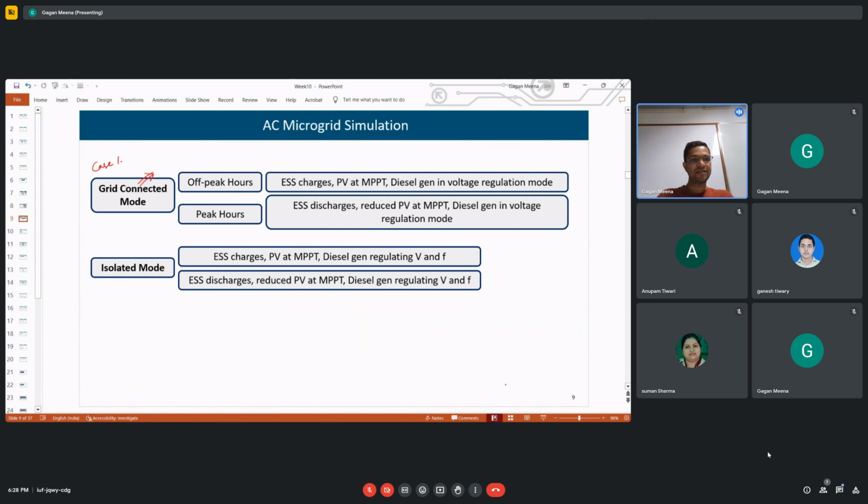Ideally, the output of the DC converter should be constant. But actually, if we see the DC converter output, it will be like this. This is called ripple. The difference between these two is the peak-to-peak ripple.